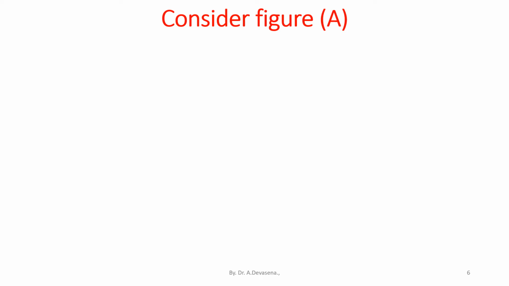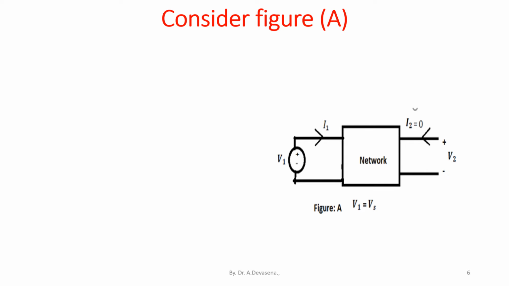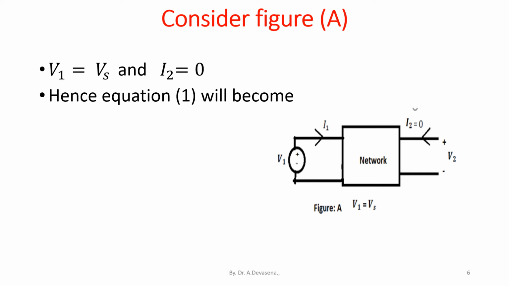Now consider figure A. Here we have considered V1 is equal to Vs and I2 is equal to 0. Hence, equation 1 will become Vs is equal to Z11 I1.